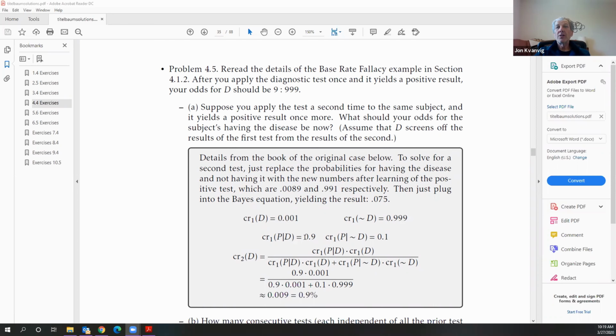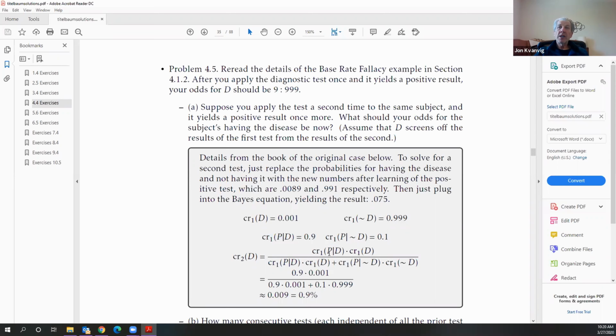You're told the false positive and false negative rates. This is false positive. The test shows positive even though you don't have the disease 10% of the time. And the other credence is the probability of getting a positive test if you have the disease, and that's 0.9.